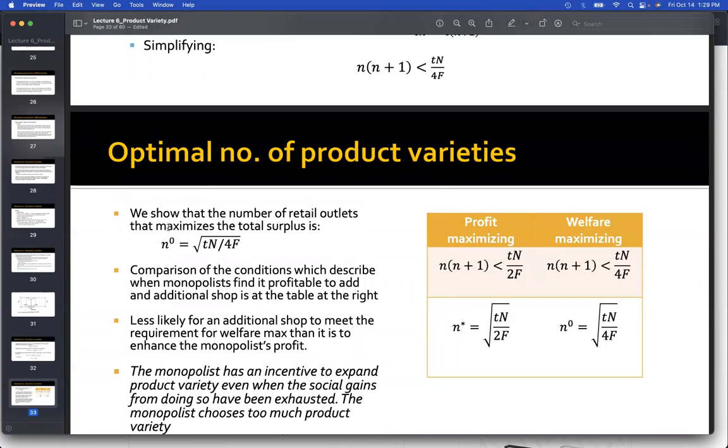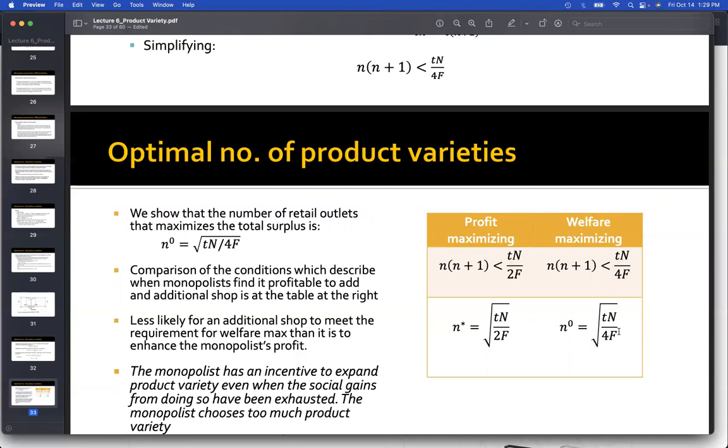And the point here is, under a profit maximizing only scheme, if you leave producers, specifically the monopolist, a free hand to determine how many stores, then he will have too many stores, because this number is going to be bigger than this one, because 2 is smaller than 4.